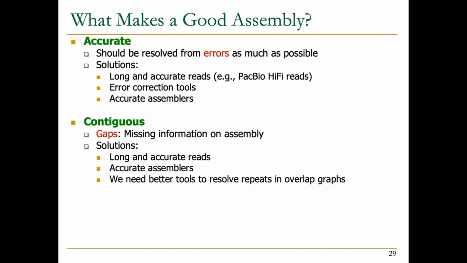The solutions for that are, again, using long and very accurate reads and accurate assemblers. But further, we need better tools to resolve repeats in overlap graphs such that we can generate contiguous assemblies. Like when we pop the bubble, we won't have any gap. Rather, we will have the full information in the graph without any gap, such that we can generate the assembly.